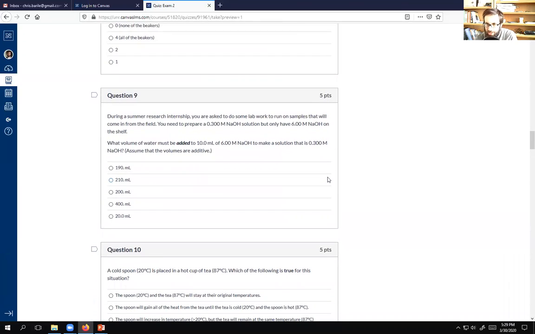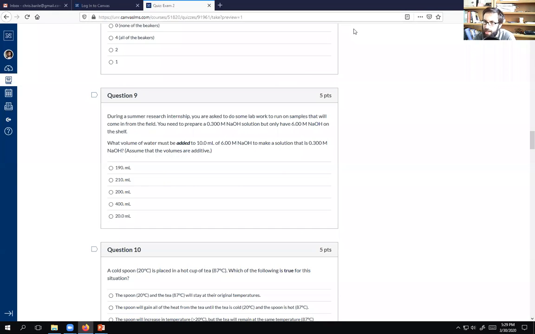During a summer research internship, you are asked to do some lab work to run on samples that will come in from the field. You need to prepare a 0.3 molar sodium hydroxide solution, but you only have 6 molar sodium hydroxide on the shelf. What volume of water must be added to 10 milliliters of 6 molar NaOH to make a solution that is 0.3 molar sodium hydroxide?